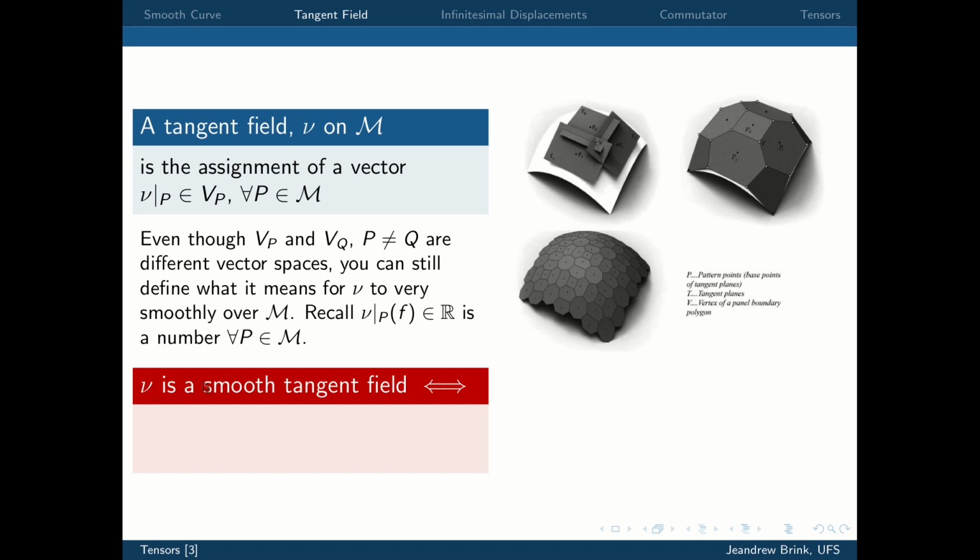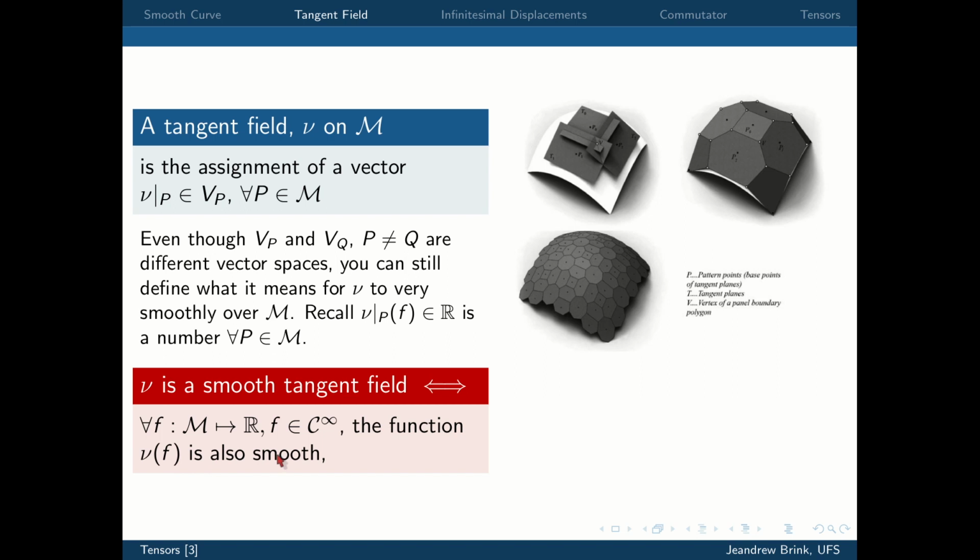So if we say V is a smooth tangent field, what that means is for any single function f, which is a map from M to R, the function V of f is also smooth. That's the only requirement of a vector field, that the answers it gives out when you apply it to absolutely any function mustn't have jumps in it.